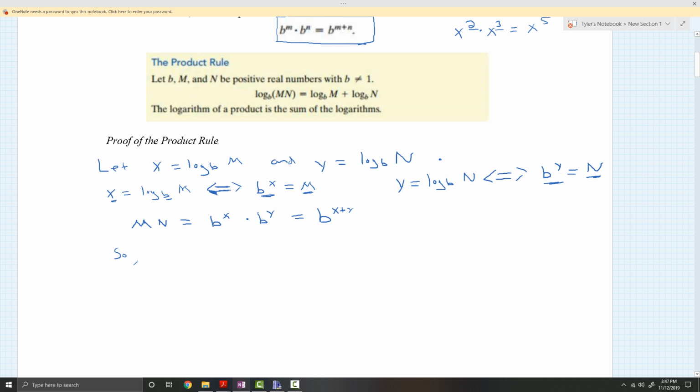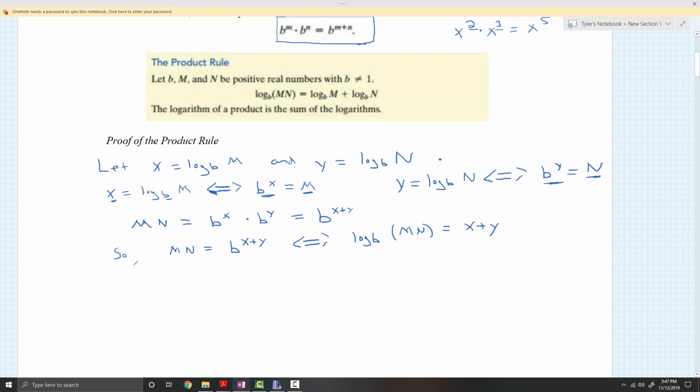So what we have is that m times n equals b to the x plus y. This is equivalent to log base b of mn equals x plus y.